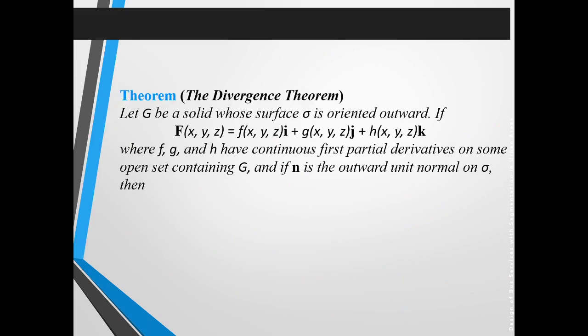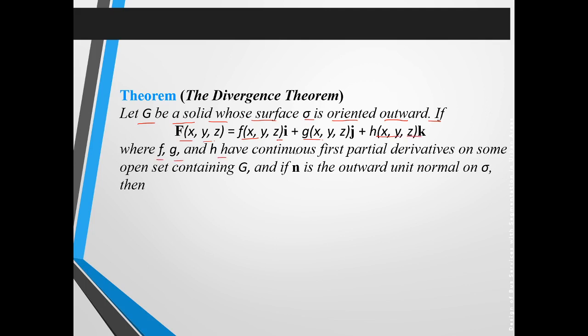So now we will define the divergence theorem. The divergence theorem tells us, let G be a solid whose surface sigma is oriented outward, and f of xyz is equal to f of xyz i, g of xyz j, h of xyz k.